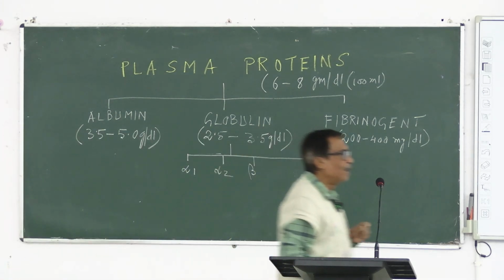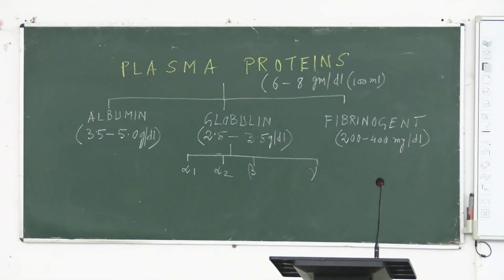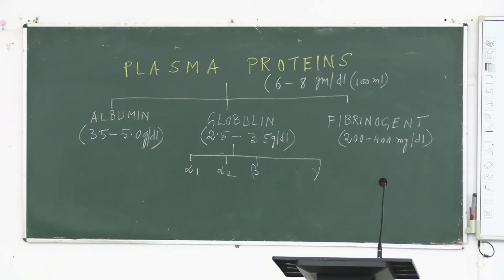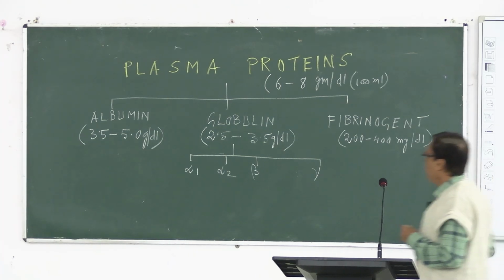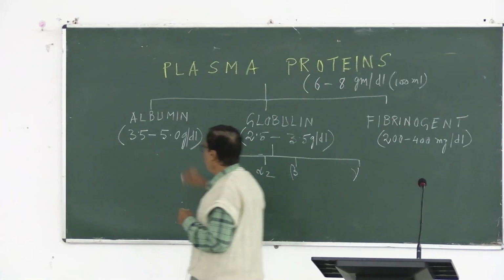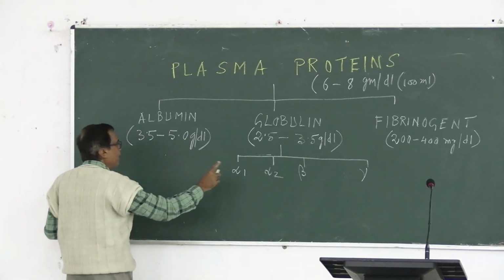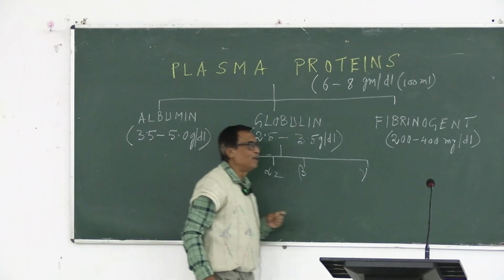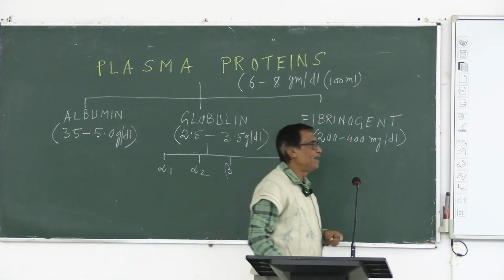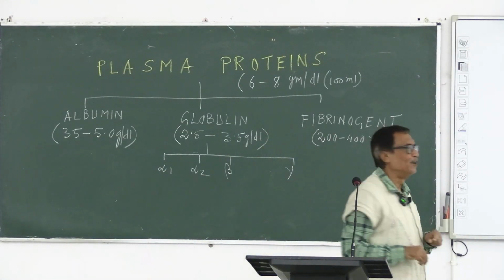These alpha, beta, gamma are represented by the pattern of electrophoresis, the pattern of separation. On separation, first of all we get albumin towards the anode. Then alpha 1, alpha 2, beta and gamma. Fibrinogen is very little. It lies within beta and gamma.